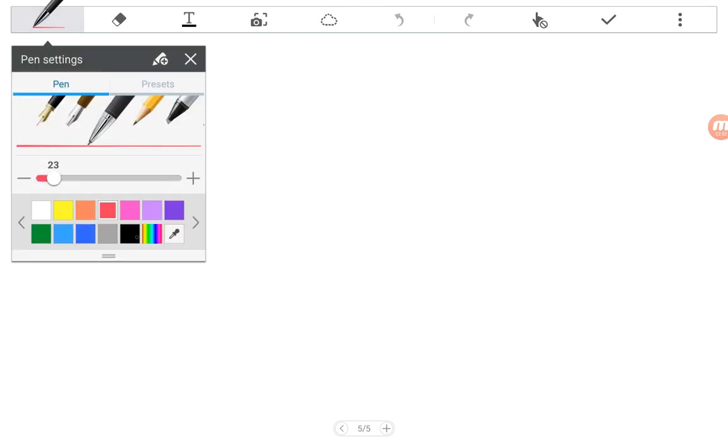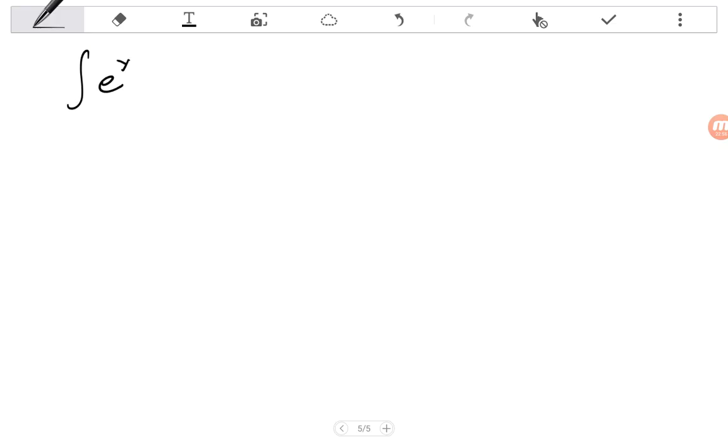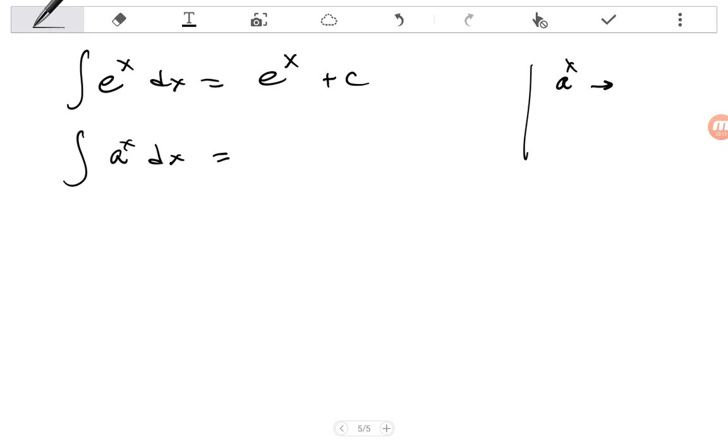We have the rule of the exponential e power x. We learned that the differentiation of the exponential is exactly the same exponential, and that will be the case here. But if I had a power x dx, do you remember how to differentiate a power x? If I have an exponential function, that is, whenever I have a constant base with a variable power, differentiation of an exponential function is an exponential function, but we may multiply by some other things.